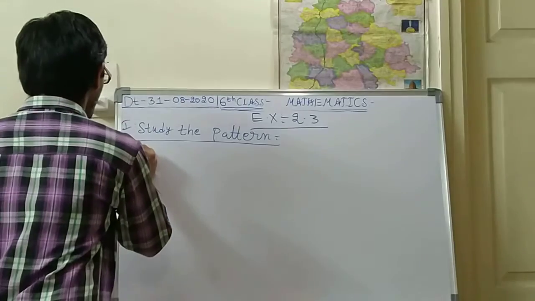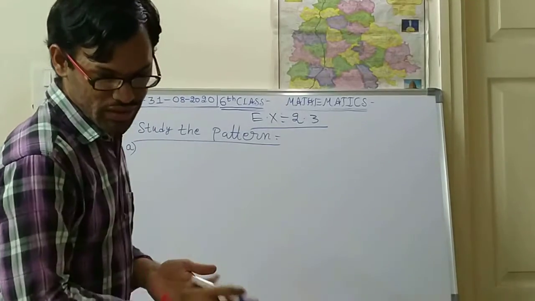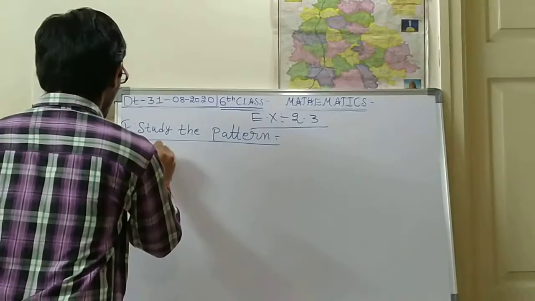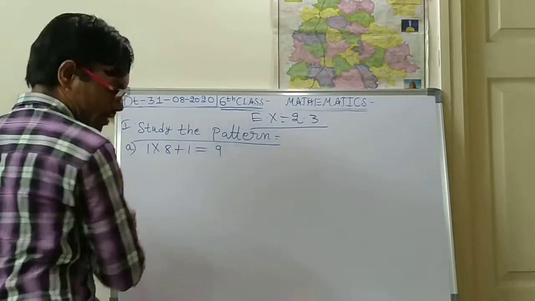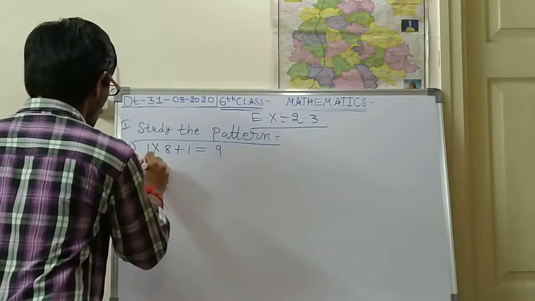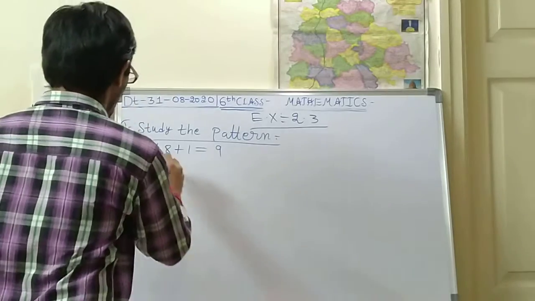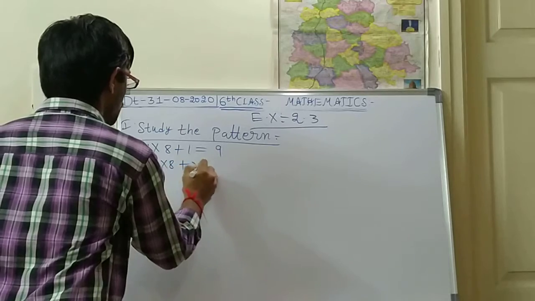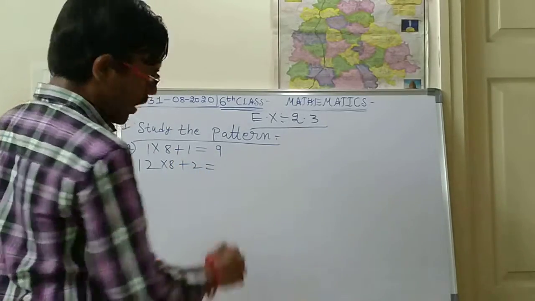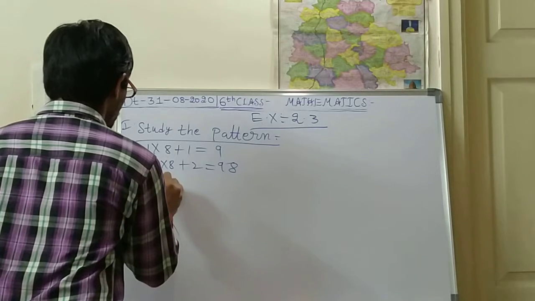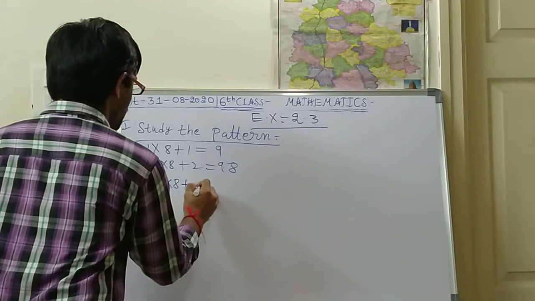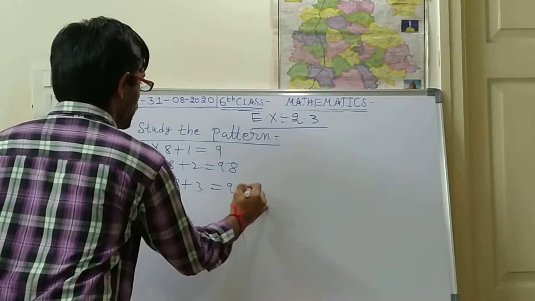How is the first problem given? See, 1 into 8 plus 1 is 9. Next, 12 into 8 plus 2 is 98. Next, 123 into 8 plus 3 is 987.